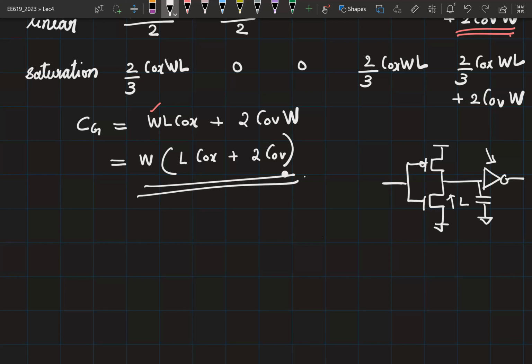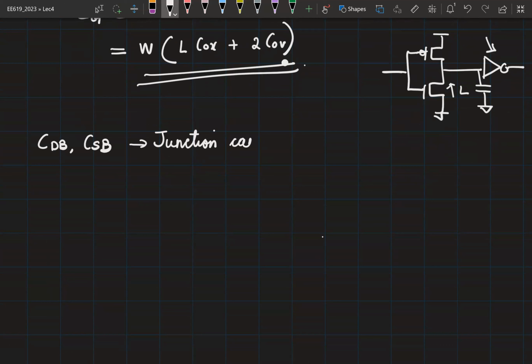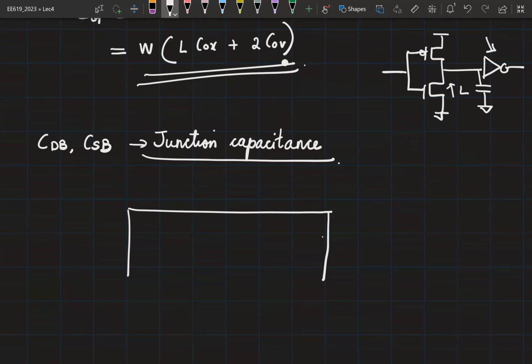So now we have two more capacitances remaining, that is CDB and CSB. These are called the junction capacitances. To start this discussion, let me first consider a PN junction.